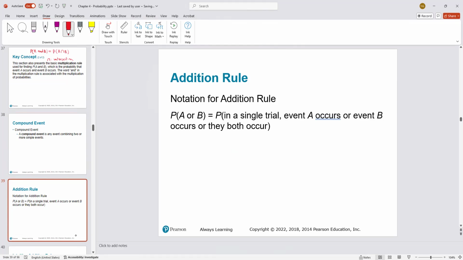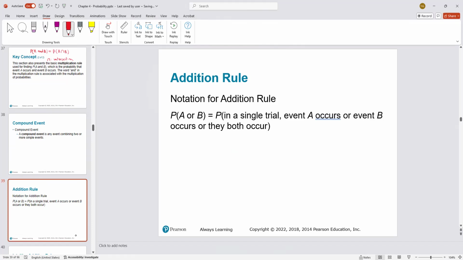The probability notation for the addition rule is the probability of A or B: the probability that in a single trial event A occurs, or event B occurs, or they both occur at the same time. The word or used in the preceding notation is the inclusive or, which means either one or the other or both would be included.